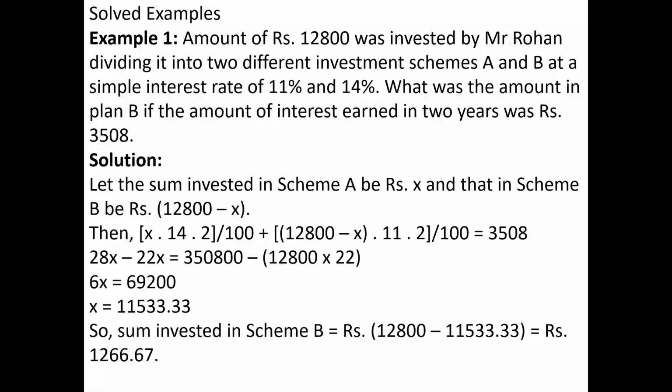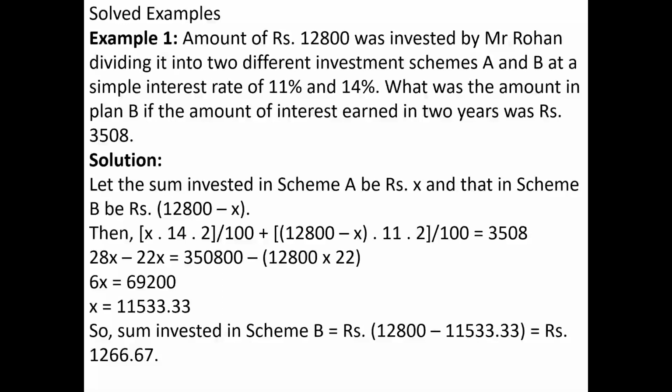He has invested that amount in two ways: the first one is scheme A, and the second one is scheme B. And the most important thing, he has invested the amount in simple interest, not compound interest. You need to check that, it is very important. And the interest is what? For scheme A, the rate of simple interest is 11%, and for scheme B, it is 14%.